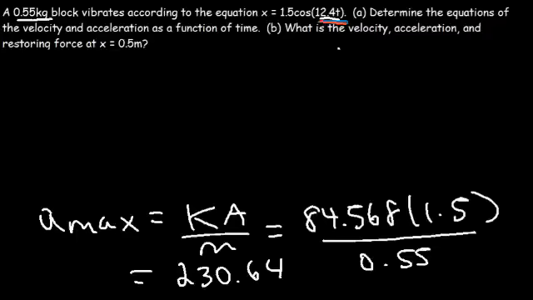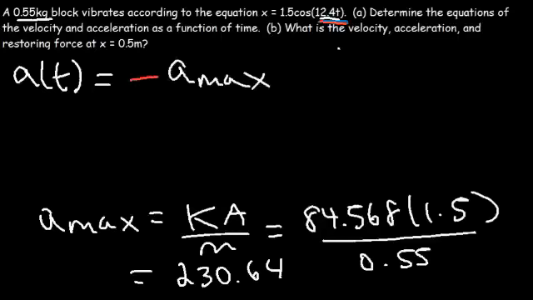The equation for the acceleration as a function of time is equal to the negative maximum acceleration times cosine 2 pi ft.